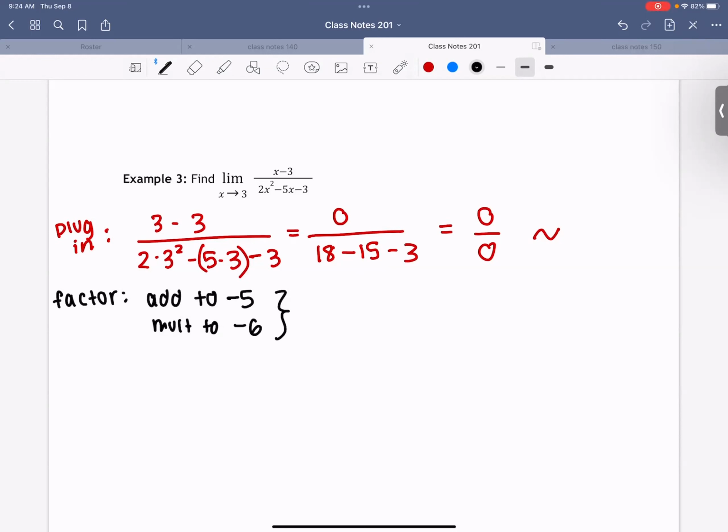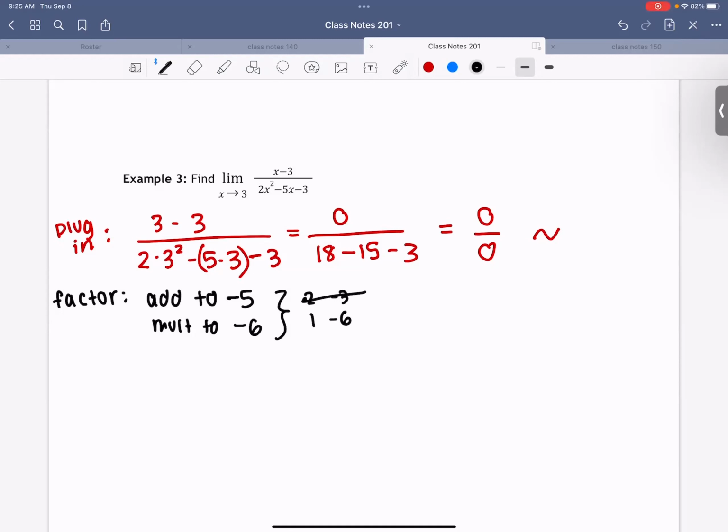So 2 times -3, and then you said 6 and 1? Yeah, so 2 times -3, they do multiply to -6, but they don't add to -5, so that wouldn't work. But -6 and 1 do add to -5.